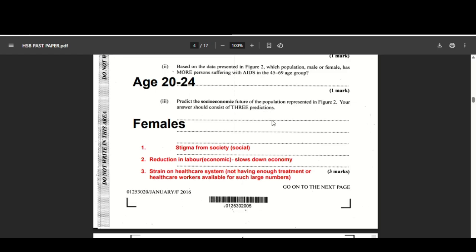Because we know that it's an STI, a sexually transmitted infection. And so people will say, oh, the person is careless, they're loose, or they run around. So there is stigma associated with having AIDS. So people might discriminate against the person. So that's from a social aspect.